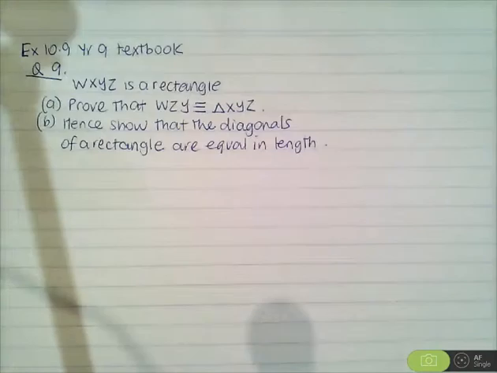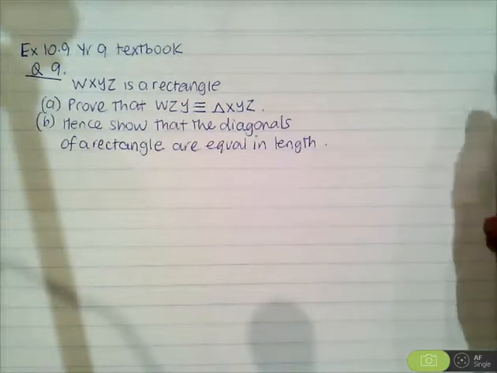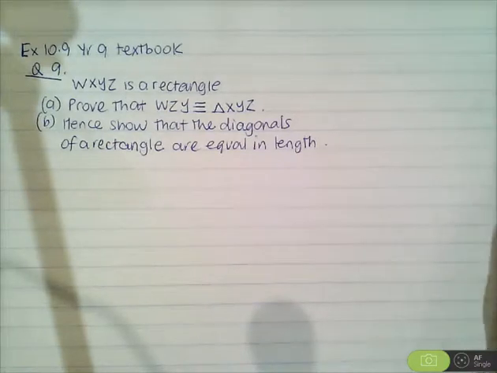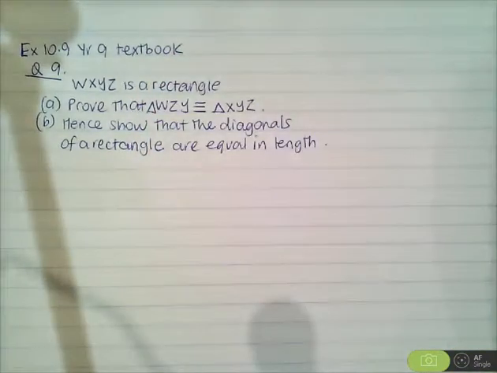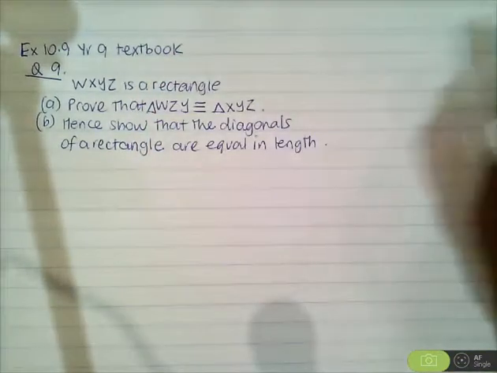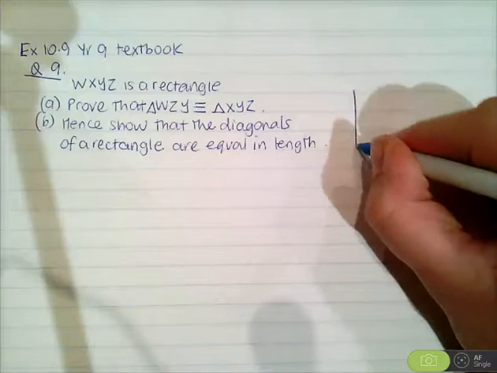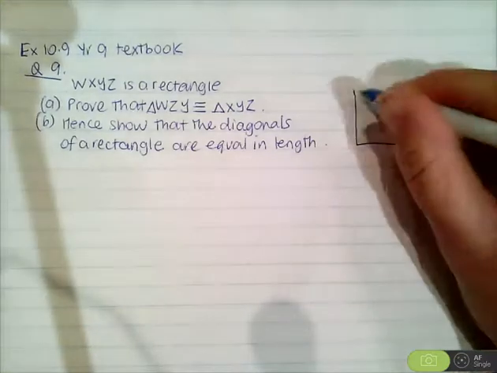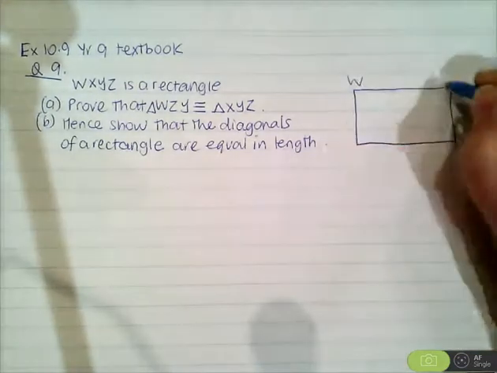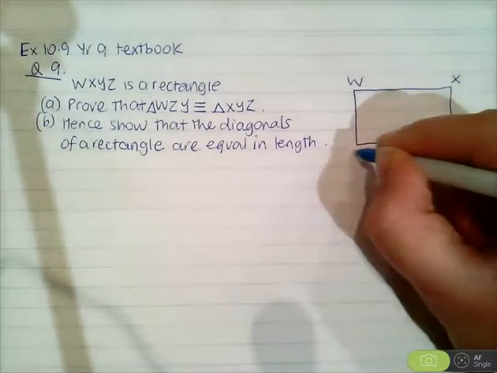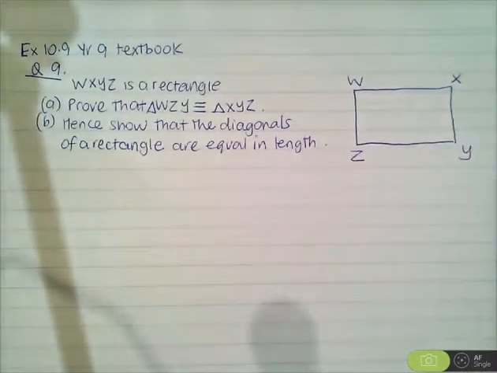This is still exercise 10.9, question 9. We are told that WXYZ is a rectangle, and we have to prove that triangle XZY is congruent to triangle XYZ. Now, there's no diagram, so we need to draw it to see what's happening. Again, it has to be in order: W, X, Y, Z is a rectangle.